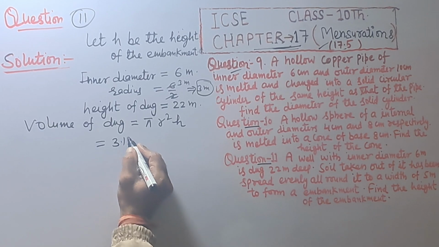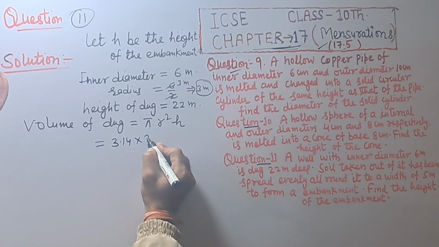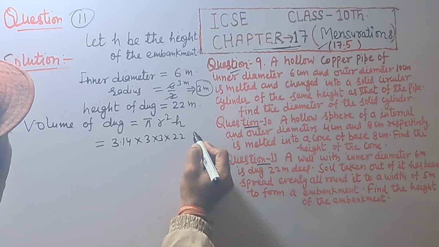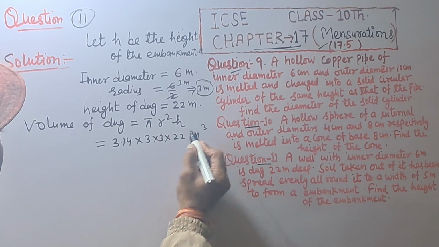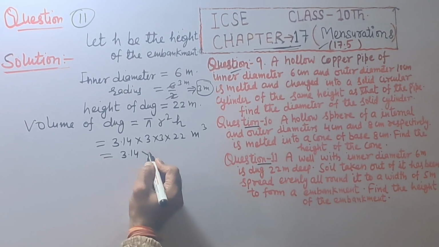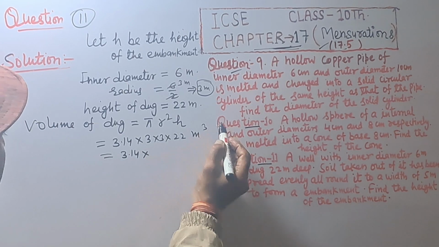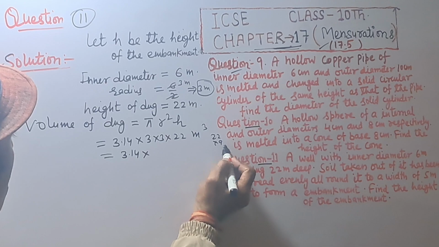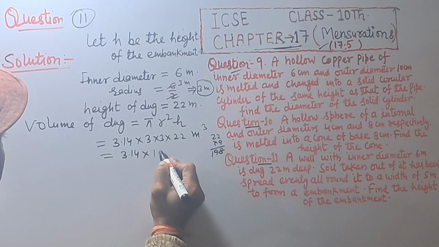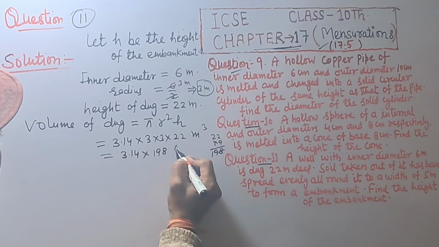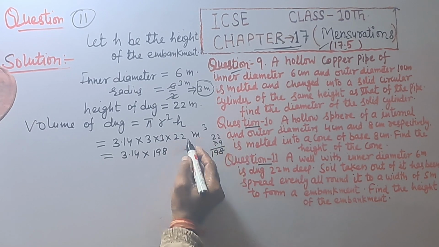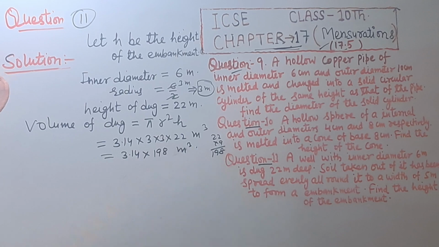Pi is 3.14 into 3 into 3 into 22 meter cube, that is 3.14 into 3 threes are 9, and 22 into 9, that is 9 twos are 18 plus 1, 19, 198 meter cube.